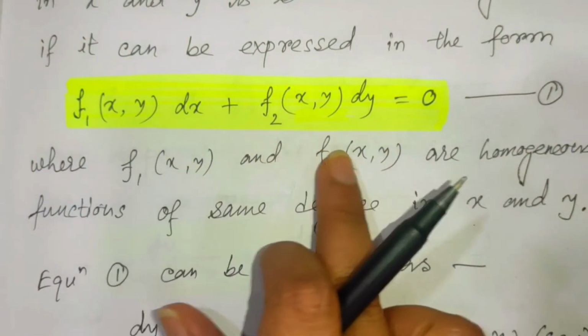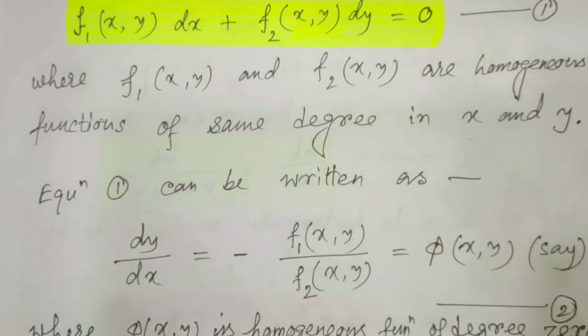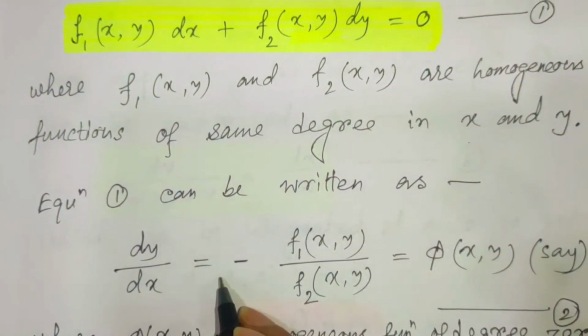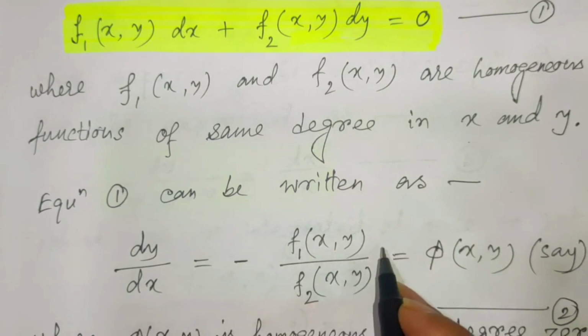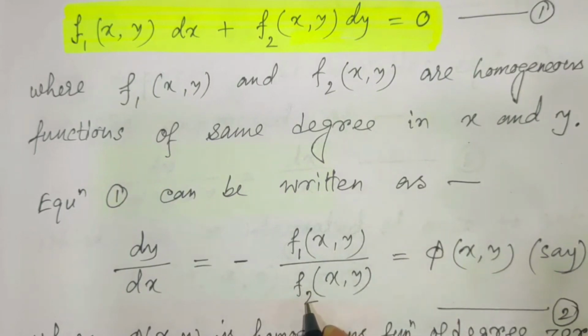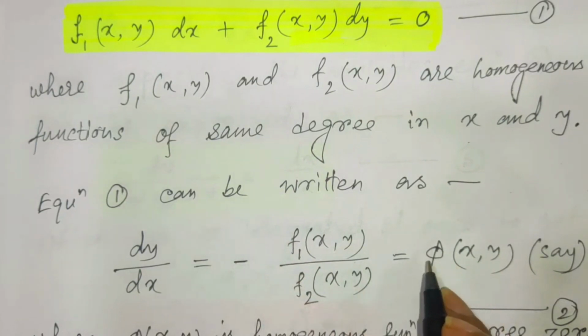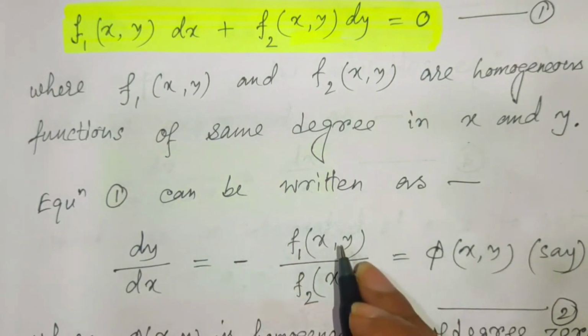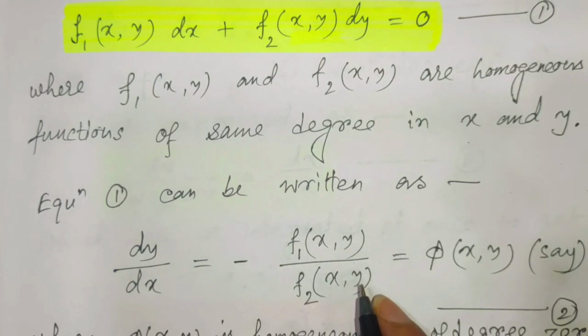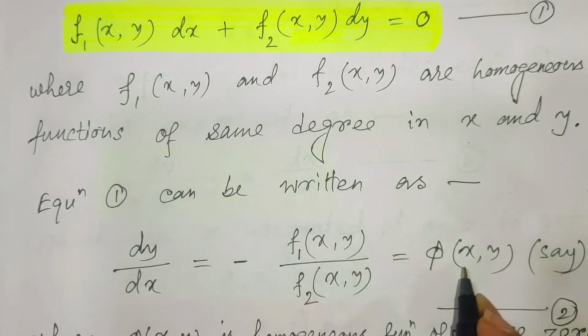So here we can write this expression as dy by dx equals minus f1 of xy divided by f2 of xy. This entirely we can replace by another function phi of xy. If f1 and f2 are both homogeneous and of the same homogeneity, then definitely this phi function is a homogeneous function with degree 0.